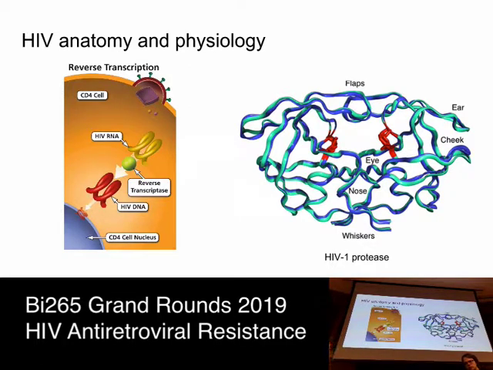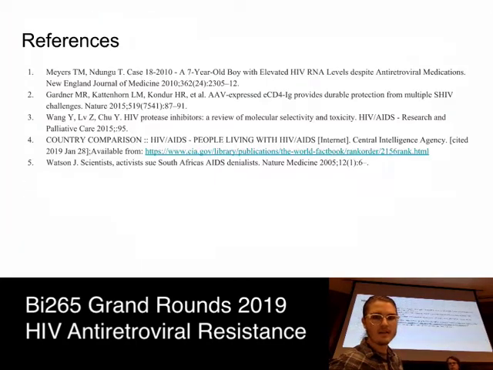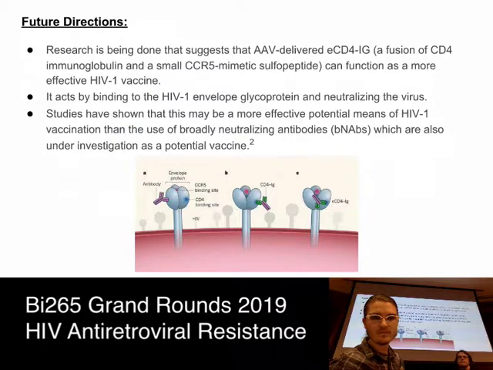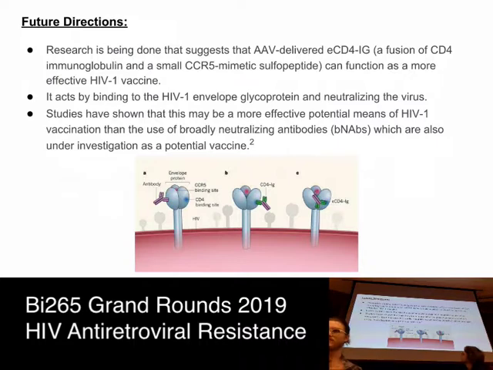What is CCR5? It's a sulfopeptide, right? That's what it says there. It is a protein chain or an amino acid chain with some sulfate groups in it.